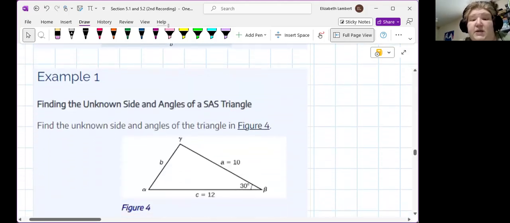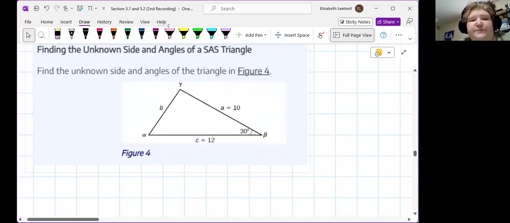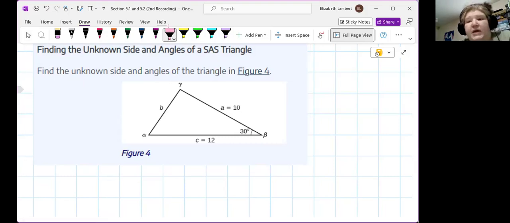So now we're just gonna play around, see what these formulas do. So we're given a side angle side triangle. So we have an angle, but we do not know the side opposite it. We do know A and C though. So since they've labeled it for us, we know beta.